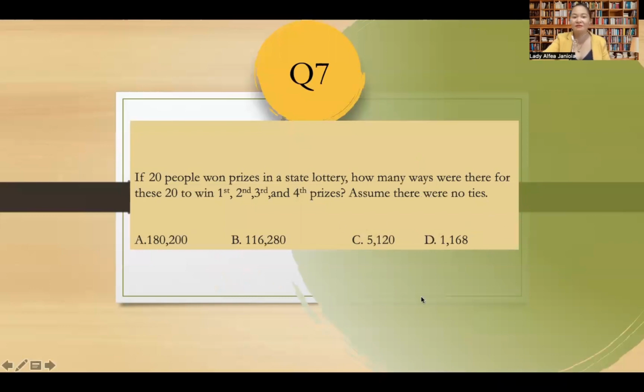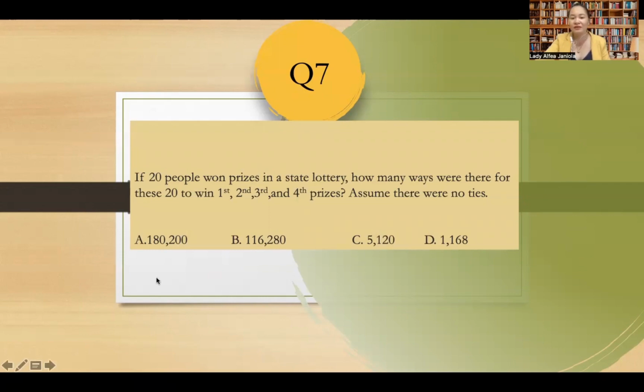Question number 7. If 20 people won prizes in a state lottery, how many ways were there for these 20 to win the first, second, third, fourth? Since we have an arrangement, this is a permutation. We have a specific rank: first, second, third, and fourth.